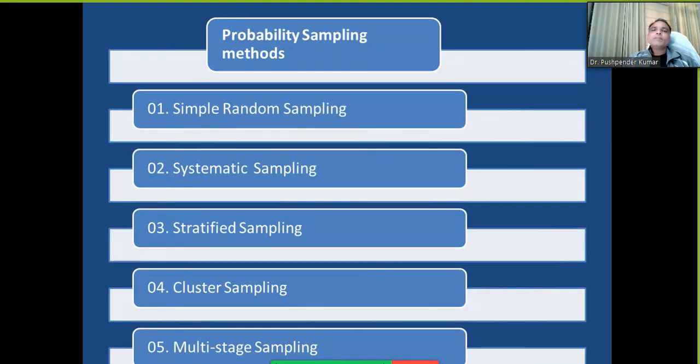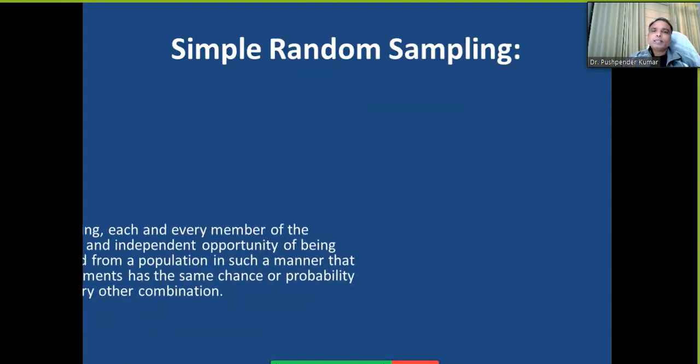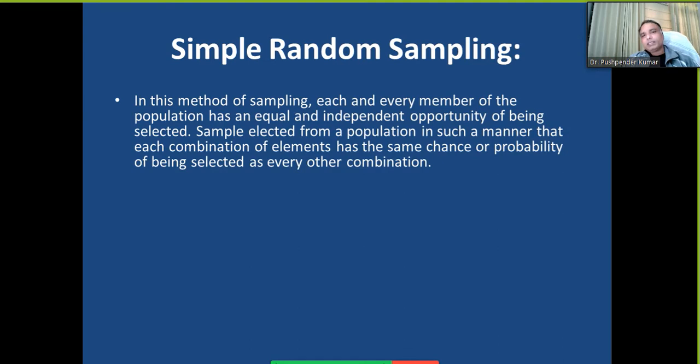What is probability sampling? Here you see different methods of probability sampling. First, simple random sampling, systematic sampling, stratified sampling, cluster sampling, and then multi-stage sampling. So start with simple random sampling. In this method of sampling, each and every member of the population has an equal and independent opportunity of being selected.